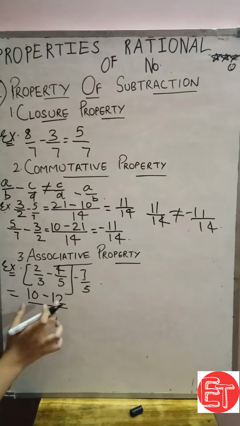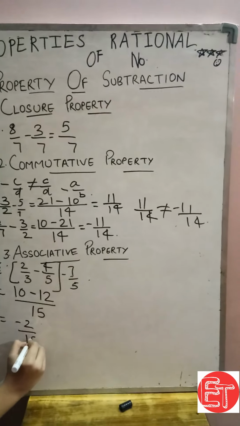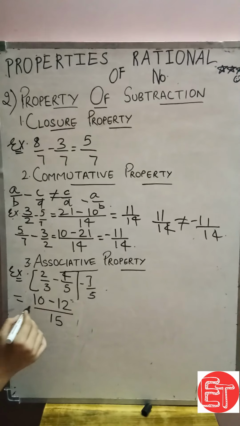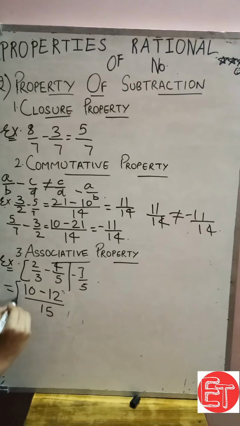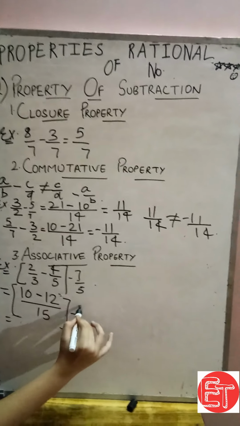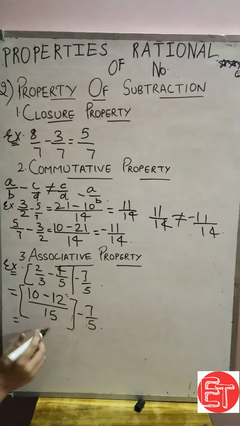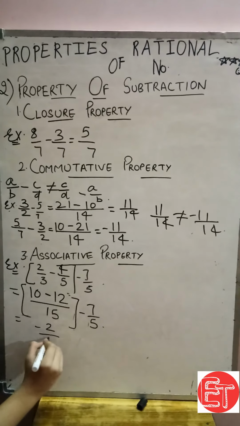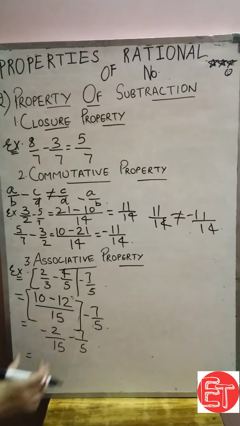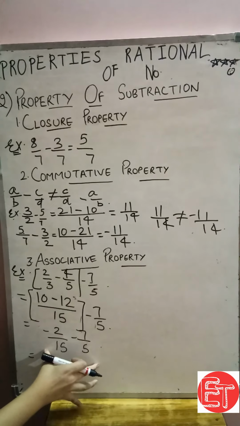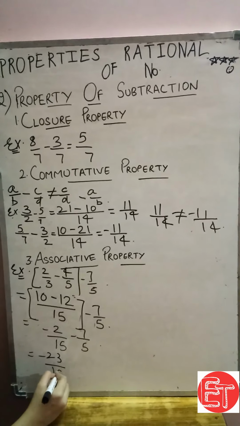So 10 minus 12 is minus 2 upon 15. We take it in bracket, minus 7 upon 5. Now if we solve it, we get minus 2 upon 15 minus 7 upon 5. So after taking out the LCM of these numbers, we get minus 23 upon 15.